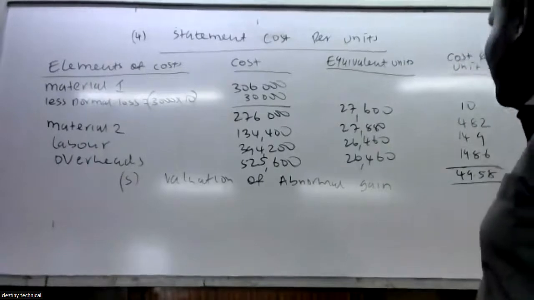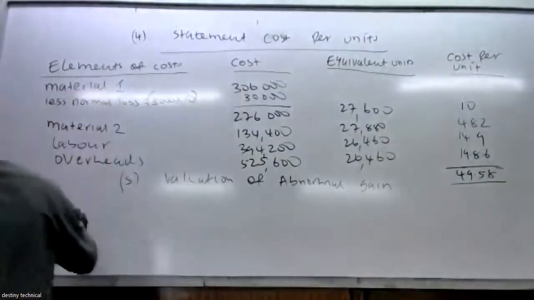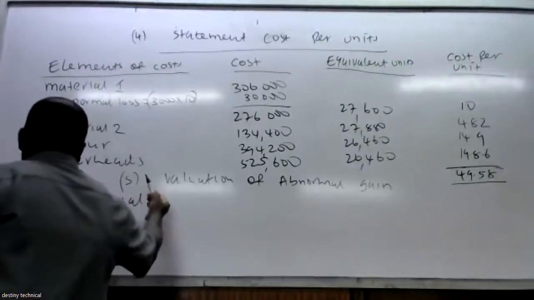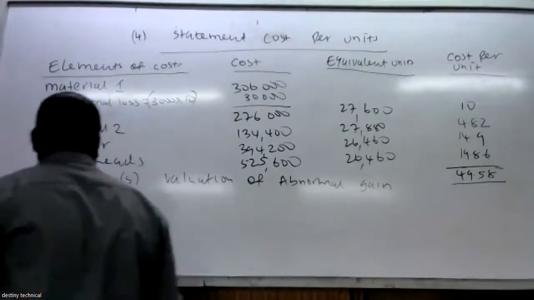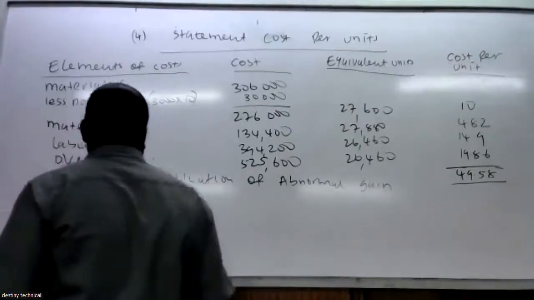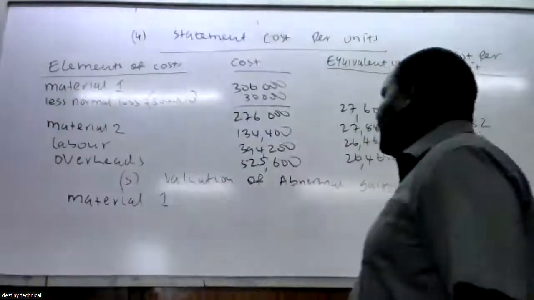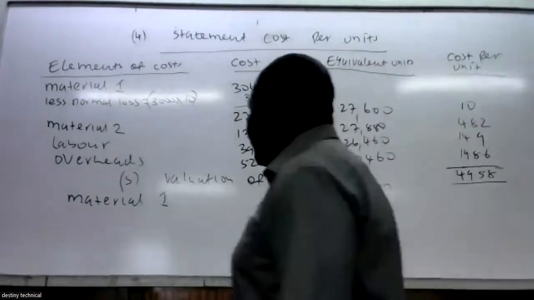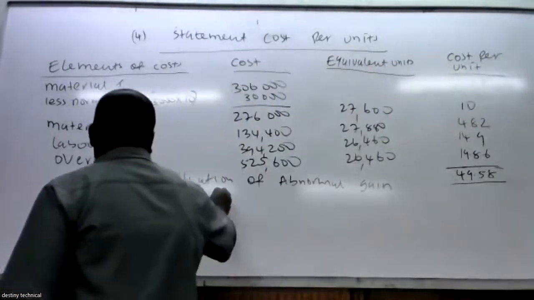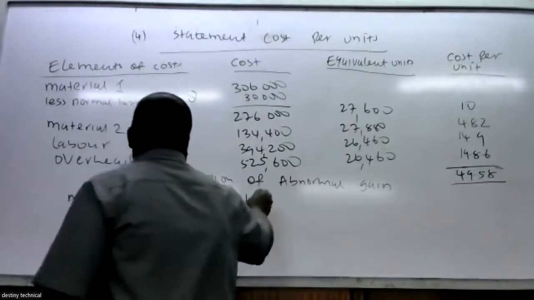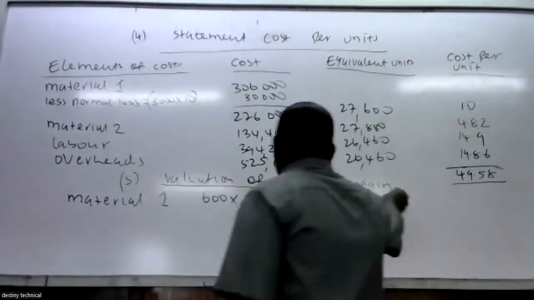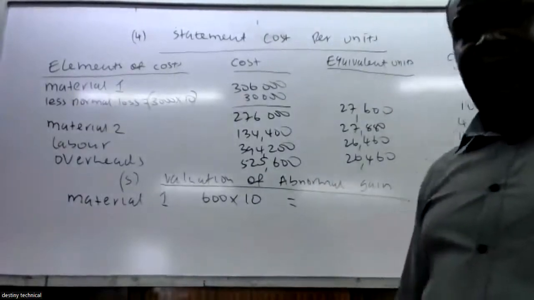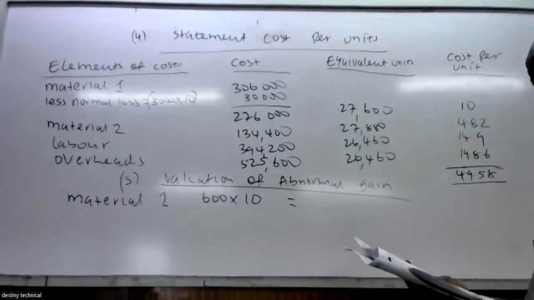When it comes to valuation of abnormal gain, we start off with material 1. I suspect it was 600 multiplied by 10. So we are checking in part A of the question, which was step number 3.